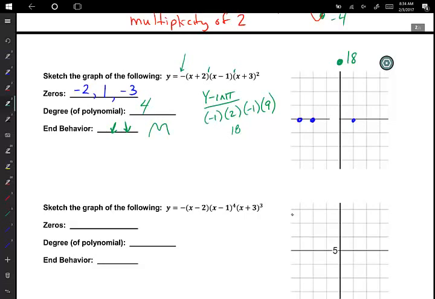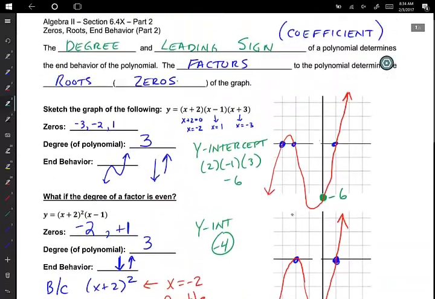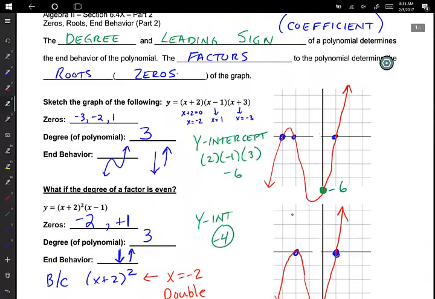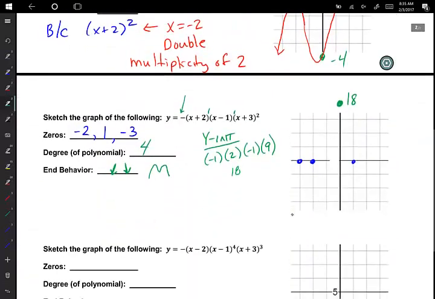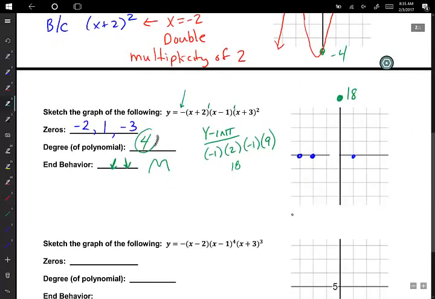If it had ended up, then it would have started up. Odds end and start in different locations. Evens end and start in the same location. Good? I'm getting that from the degree. The degree is even.